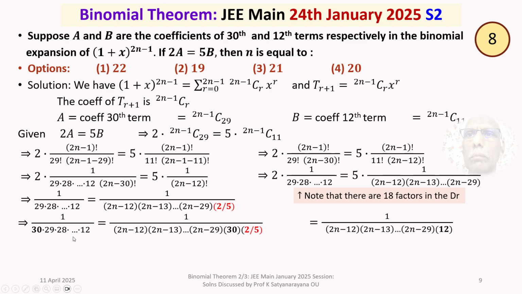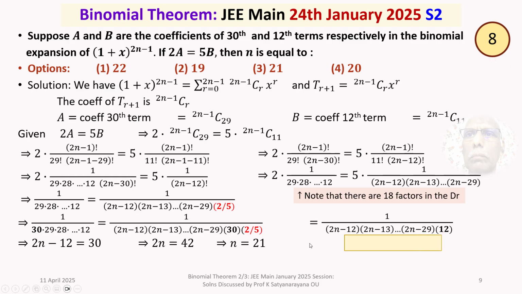Now, 1 by 30 into 29 into 28 up to 12, and 1 by (2n − 12)(2n − 13) up to (2n − 29) into 12, it is also ending with 12. Therefore, 2n − 12 must be equal to 30. When 2n − 12 is equal to 30, 2n is equal to 42, n is equal to 21.